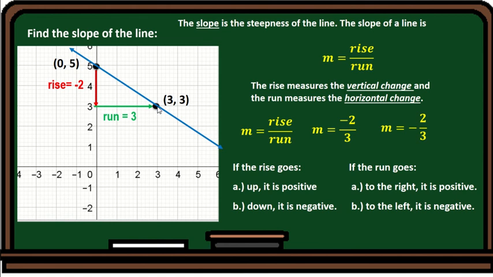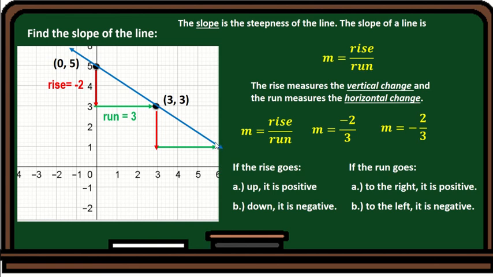So, from this point na naman, mag-count na naman kayo ng pababa, 1, 2. Dito ka mag-end. Then, your run is 3, so magka-count naman kayo papuntang right ng 3. From this point, 1, 2, and 3. So, dito ka na point. So, your ordered pair will be positive 6 and positive 1.